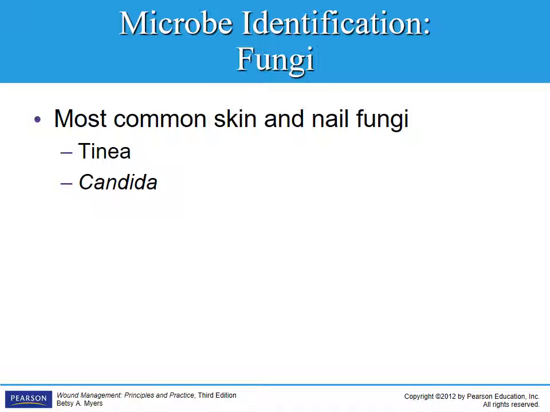Another type of microbe which is often found on wounds is fungi. The most common are skin and nail. Tinea and Candida are two very common types of fungi that you find on the skin and on wounds.